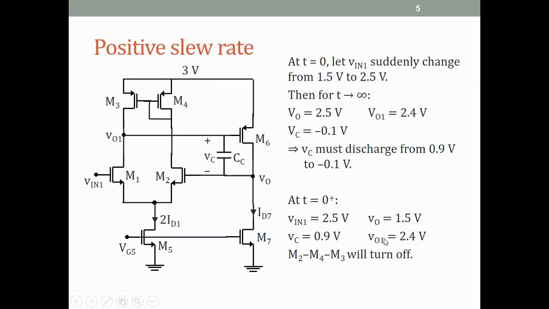And so VO is 1.5, VO1 will be 2.4 volts. So we have Vin1, which is 2.5, VO is 1.5. So Vin1 is much higher than the gate voltage of M2. So M2 will turn off. And if M2 turns off, M4 doesn't carry current, and if M4 doesn't carry current, M3 doesn't carry current. So M2, 3, 4 are turned off.